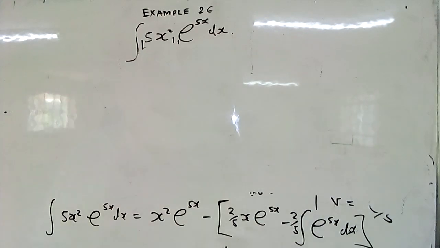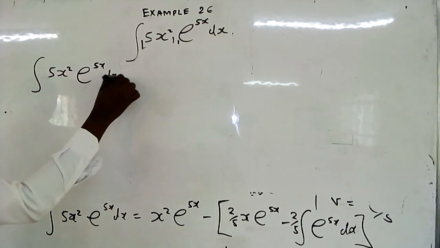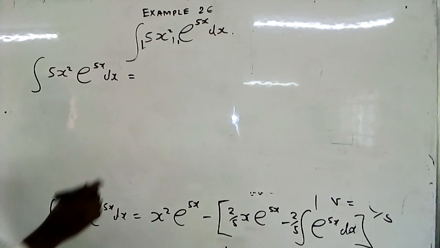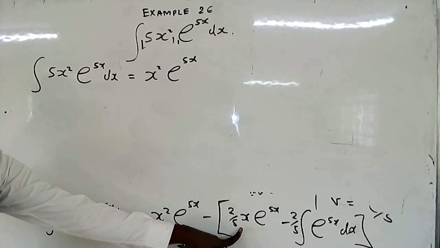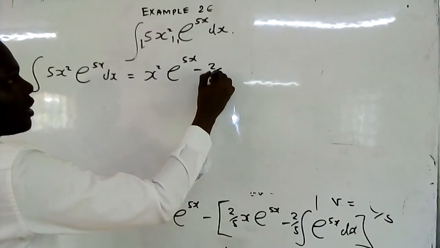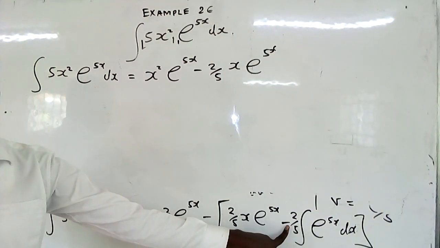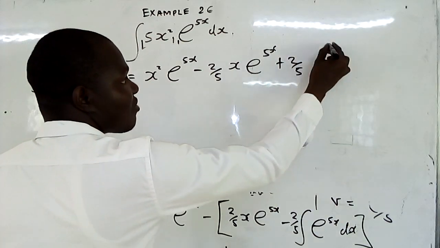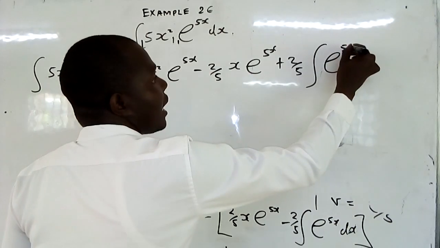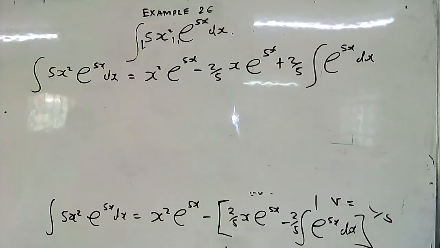So we have the integral of 5x squared exponential 5x dx is equal to x squared exponential 5x, negative you take inside, minus 2 over 5x exponential 5x, then negative into negative is positive, that is plus 2 over 5, then the integral of exponential 5x dx. Are we together? You've now opened that bracket.